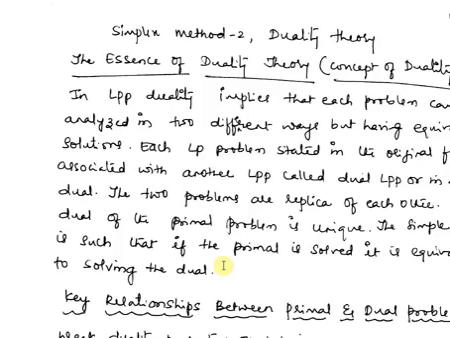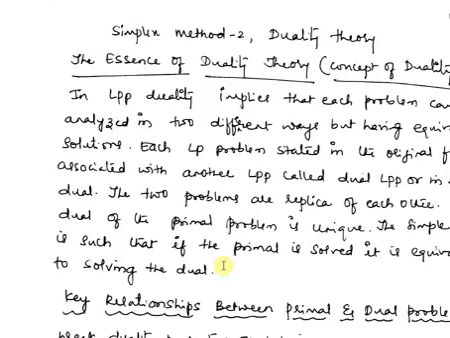Now, the variables of the dual program or dual problem are known as dual variables, or they are also known as shadow prices, depending on the various resources, of course. And the variables in the primal program or primal problem are just the primal variables, or the variables, you can say.